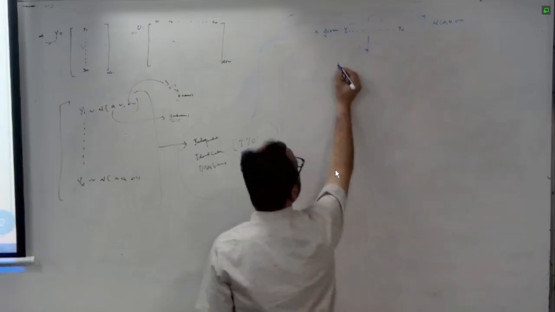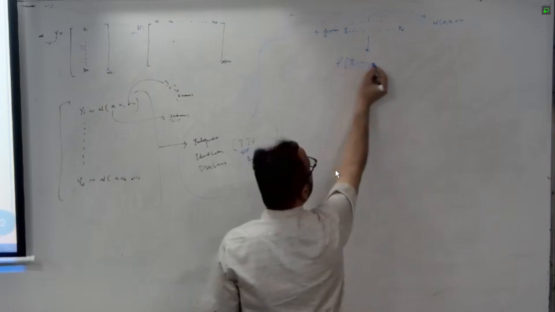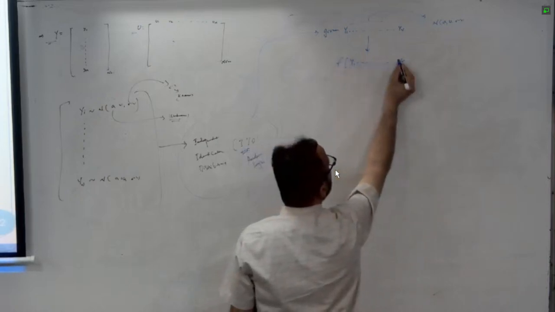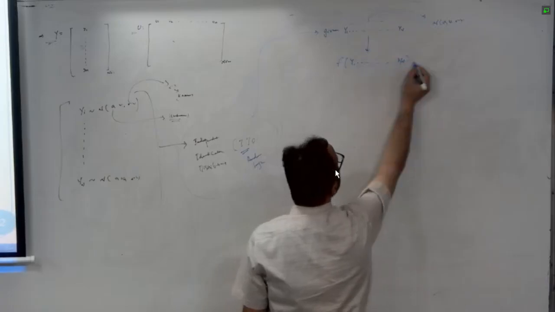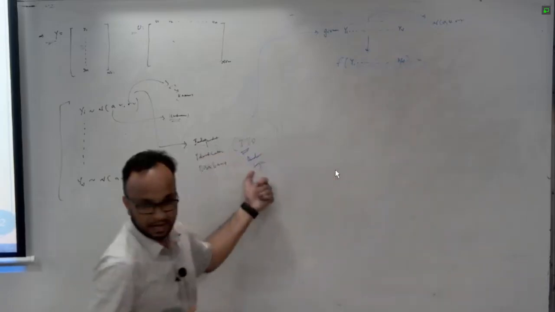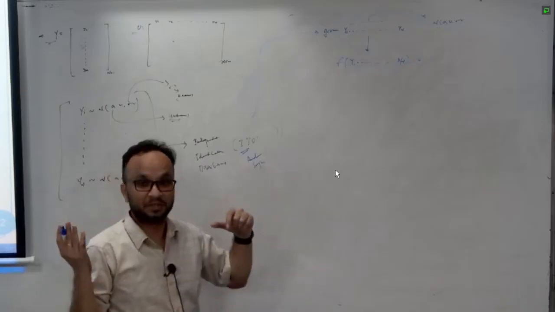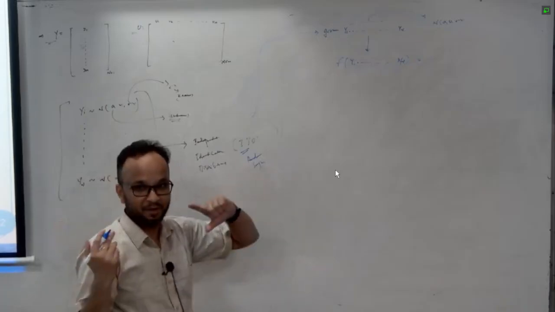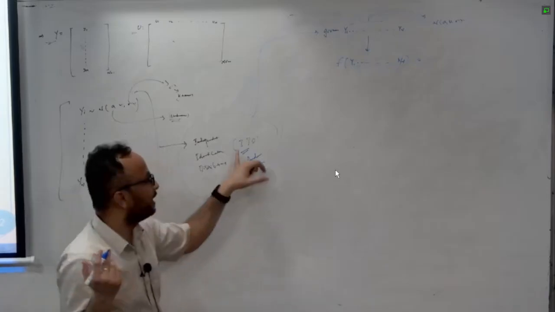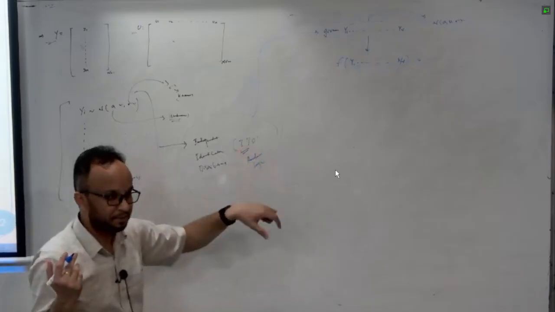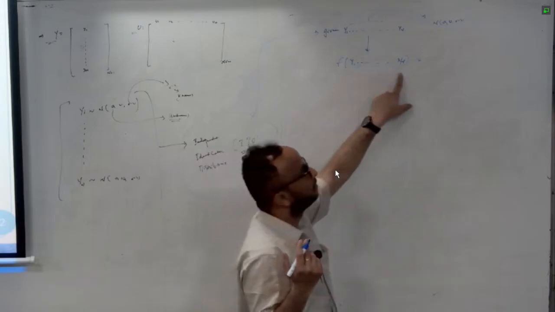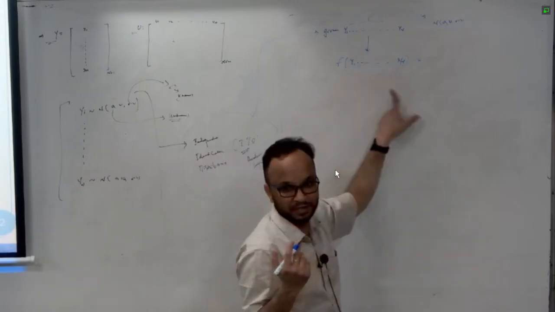What is the joint density function of y1 to yn after taking this assumption? It is the product of the individual things. So it's simple, right? I simplified the problem. If I don't take independent, identically distributed samples, it's a very complex problem.